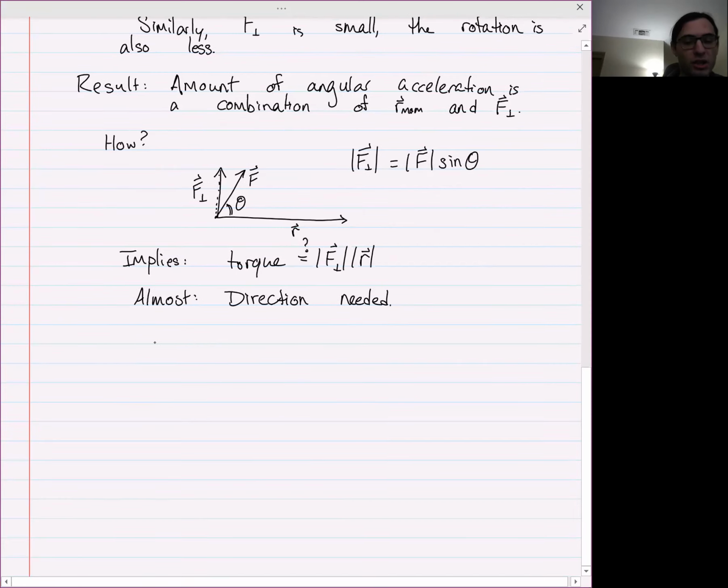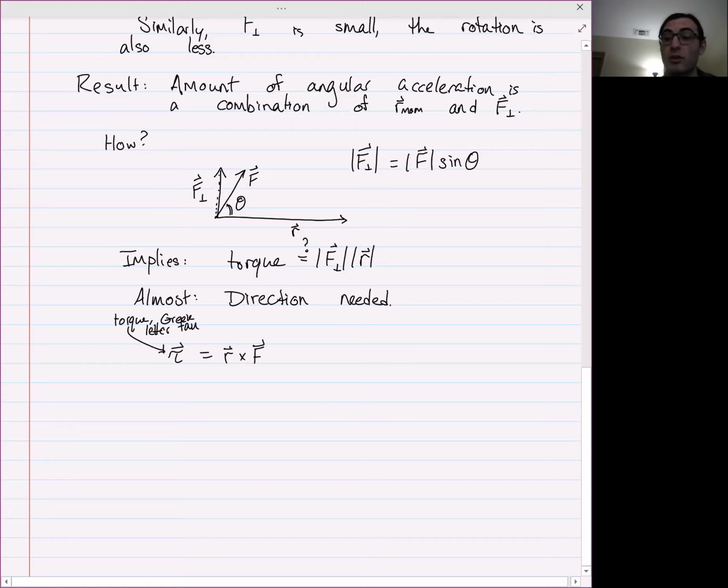So what we actually find is that the torque as a vector, which we abbreviate with tau, the Greek letter tau, like a curly T, is equal to the cross product r cross F.